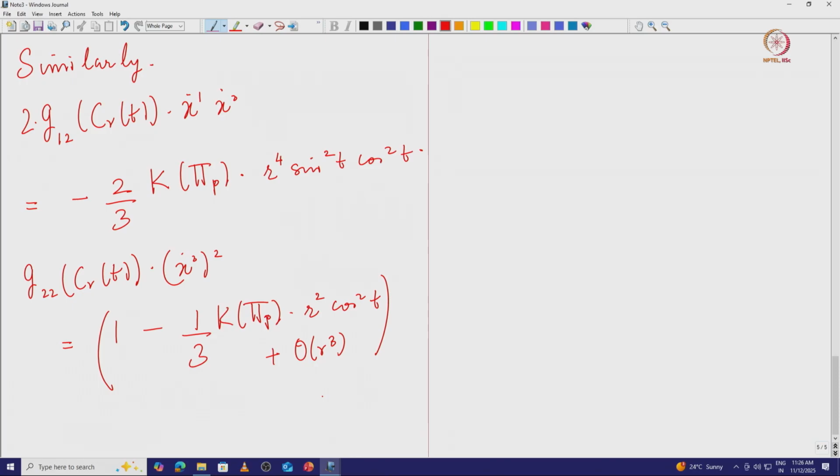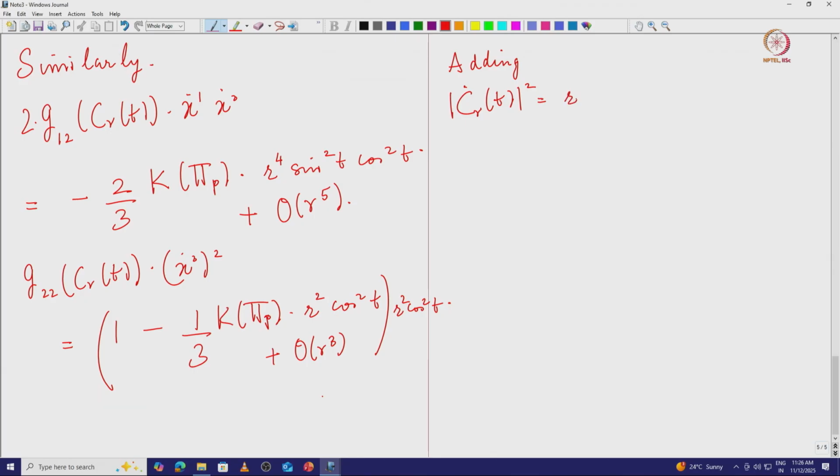So I should say that these are all with correction terms given by higher order terms times r squared cos squared t. So now if you add up all of this, you use your favorite trigonometric identity, sine squared t plus cos squared t is 1. So if you add up all of these, you get the following formula.